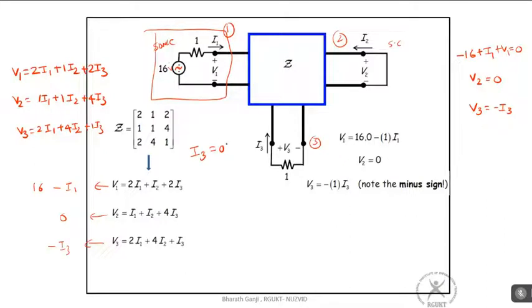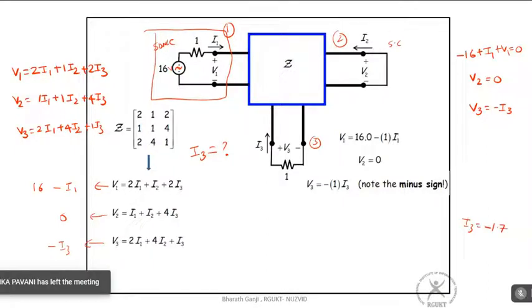Oh, sorry, not I3 is 0. Can you calculate I3 and tell me? So I3 is minus 1.7. Okay, one answer is minus 1.7.